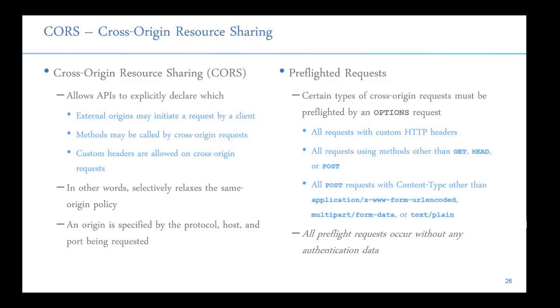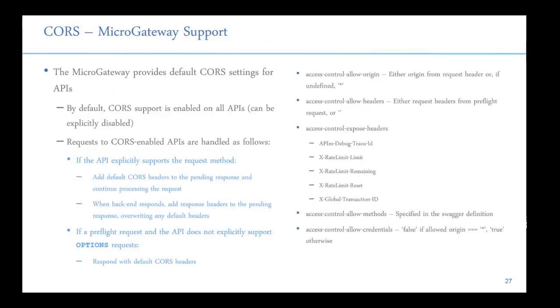And one important thing to note is that all pre-flight requests occur without any authentication data, and basically occur before authentication takes place. So that's an important part about the architectural considerations here. And so the core of what we do for CORS support in the micro gateway is primarily about handling these pre-flight requests.